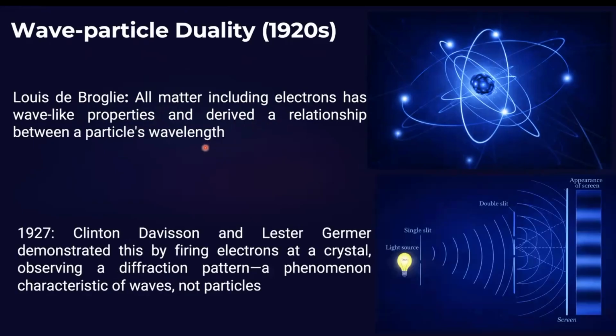In 1927, Clinton Davisson and Lester Germer demonstrated this by firing electrons at a crystal, observing a diffraction pattern, a phenomenon characteristic of waves, not particles. So this is a groundbreaking discovery where they have shown that electrons also behave as waves.